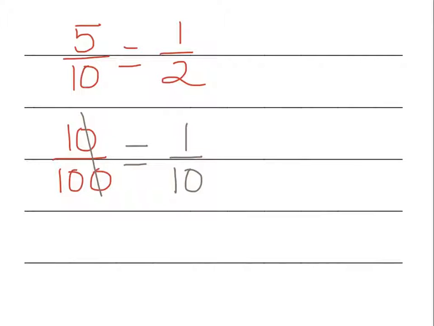So a dime is 1/10 of a dollar. Now it says a nickel is what fraction of a dollar? I've got the nickel and I've got the dollar. Well, here I could say 5 goes into 5 once, and 5 goes into 100 20 times. So it would be 1/20th.